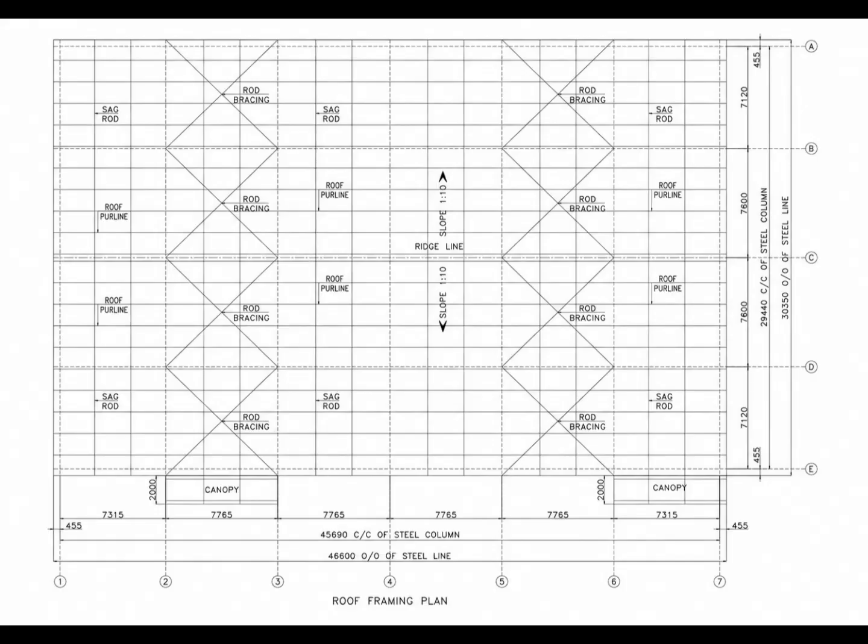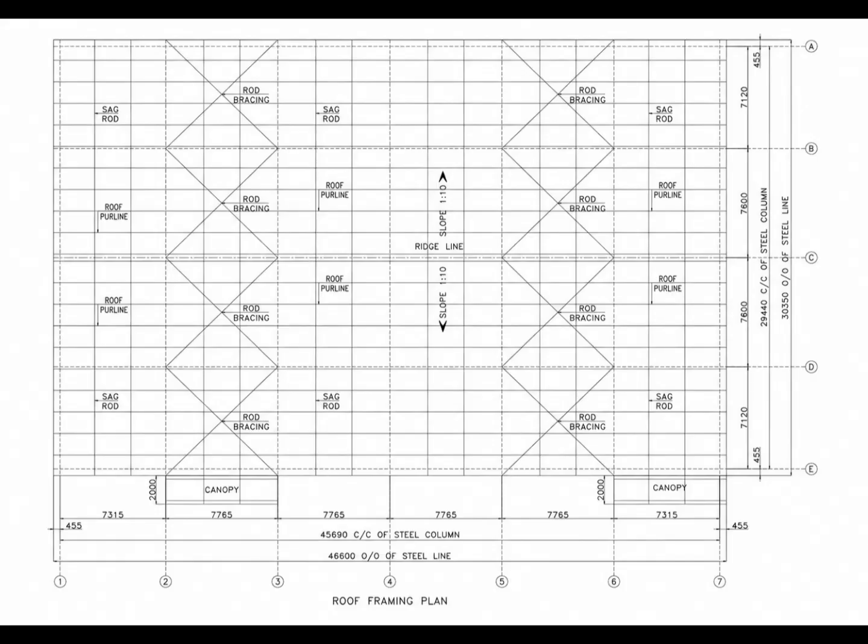First, look at the upper left portion of the roof framing plan. Here we can clearly see the label sag rod. Now look toward the upper middle portion of the roof. Another sag rod label is visible there. We can also see corresponding sag rod locations toward the upper right portion of the roof framing plan.